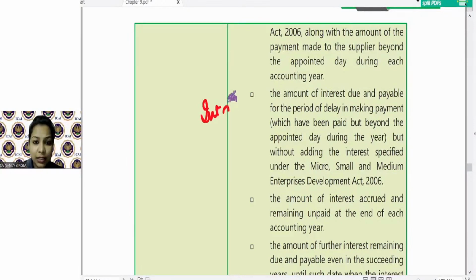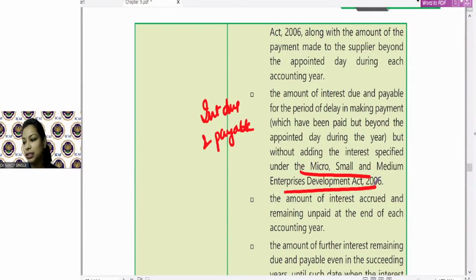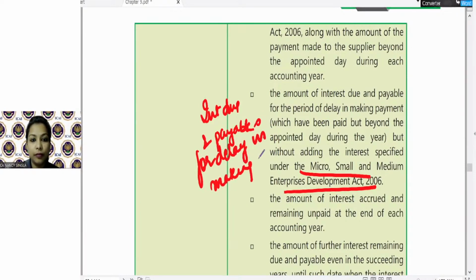Then the next point is what is the interest due and payable for the year under the MSME Act. ठीक है, पहले आपने क्या बताया, as on the date कितना आपने is payable. ठीक है, then what amount is paid. ठीक है, then what interest is payable for delay in making payment. तो यहां पे सिर्फ इंटरेस्ट की बात हो रही है. ठीक है.